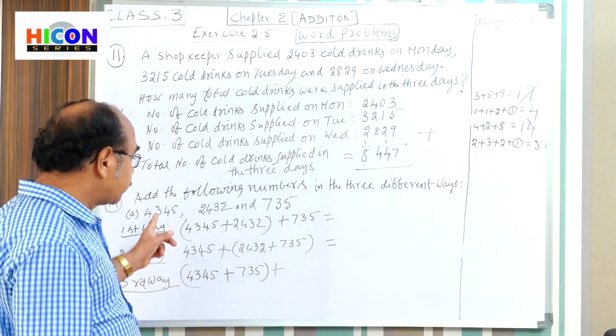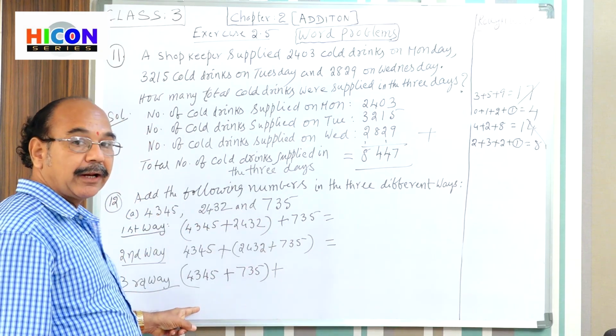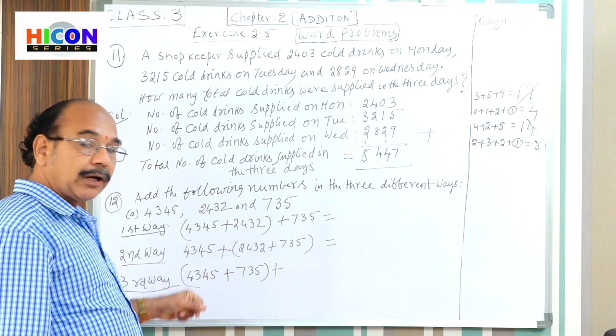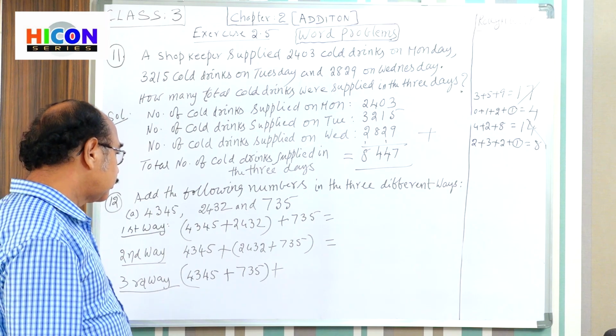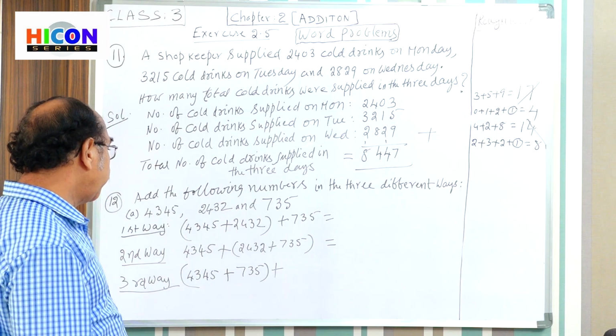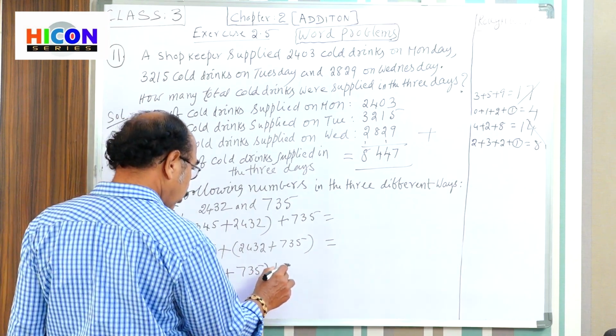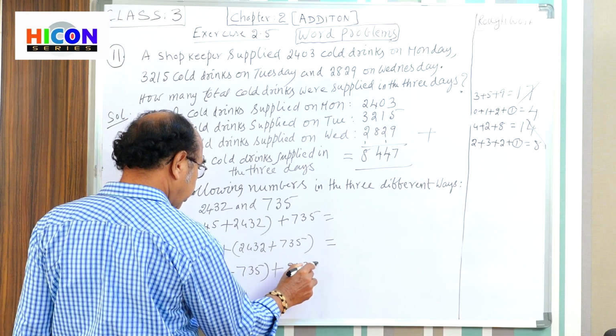We are taking the first number and the third number as a group here. We get a subtotal. To that total, we add the middle number, that means 2432.